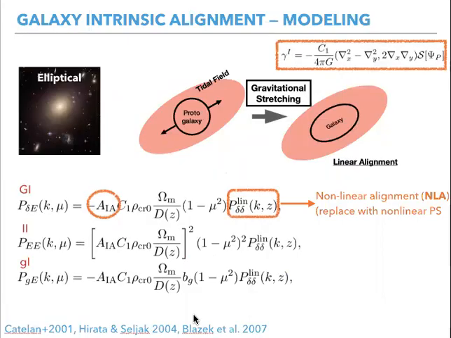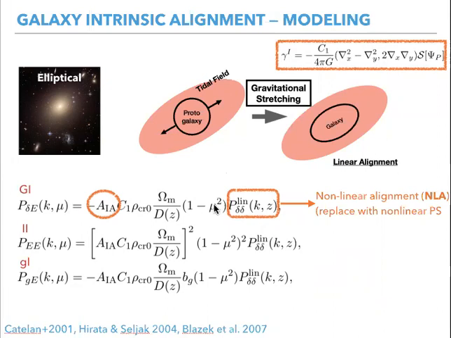This can be done using the formalism that I mentioned previously. For elliptical galaxies, because the intrinsic shear is proportional to the tidal field according to this gravitational stretching formalism, the GI intrinsic alignment signal is found to be proportional to the linear power spectrum.